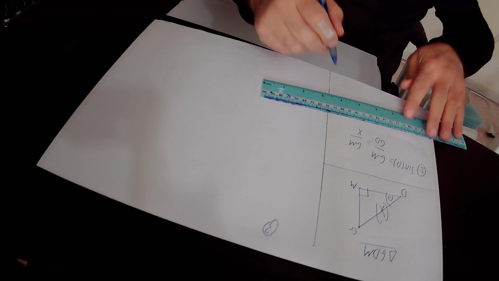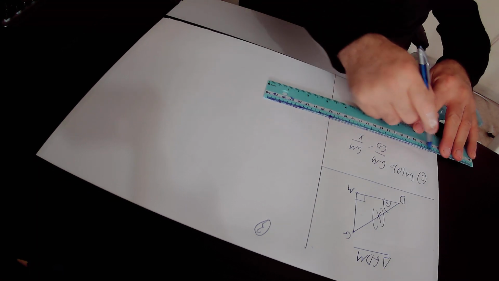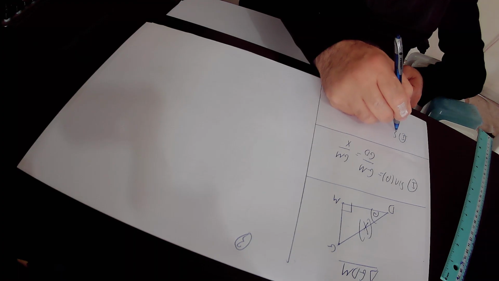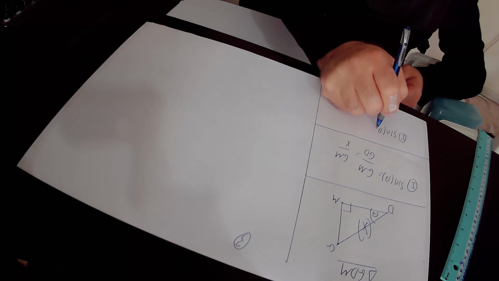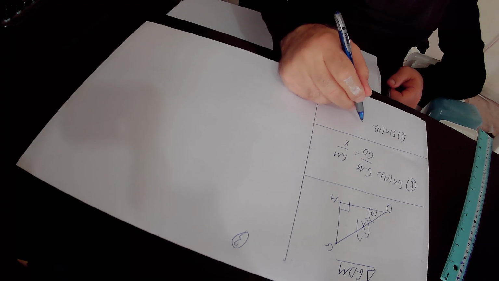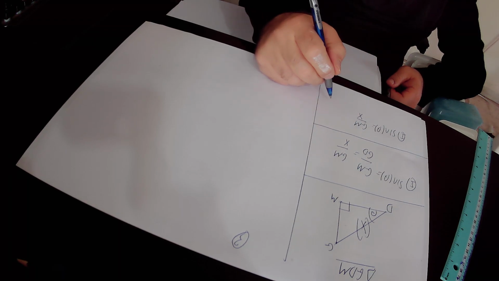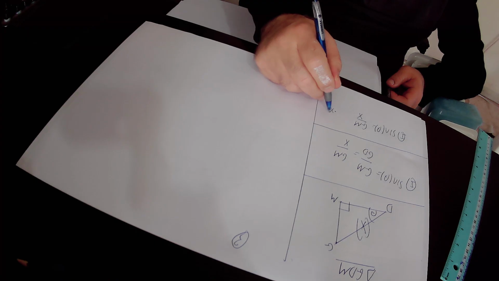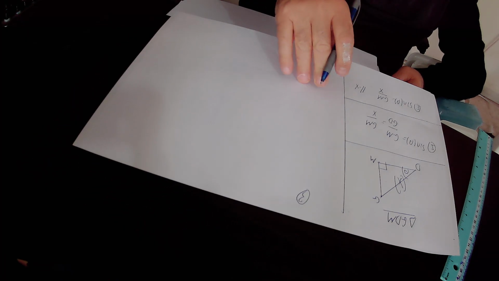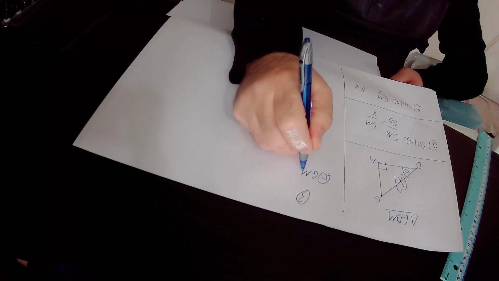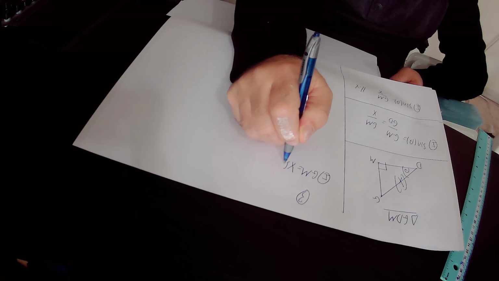So according to equation 1, sine theta equals GM over x. Here we multiply this equation by x, and finally we get that GM equals x times sine theta.